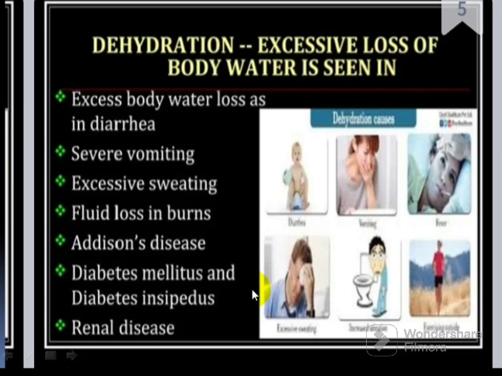So we need to first differentiate the meaning of diabetes mellitus and diabetes insipidus. What is diabetes mellitus? What is the common cause of it?